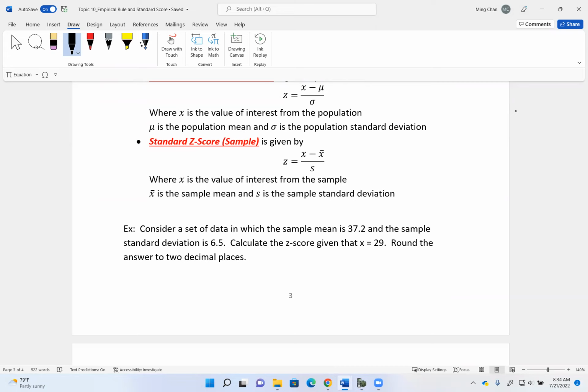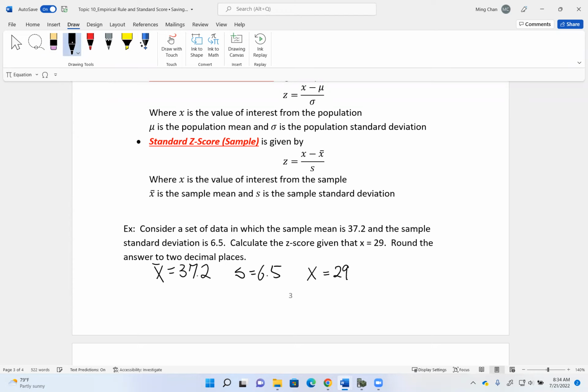So consider a set of data in which the sample mean is 37.2 and the standard deviation is 6.5. Calculate the z-score given x is equal to 29. A lot of students don't understand what x is.